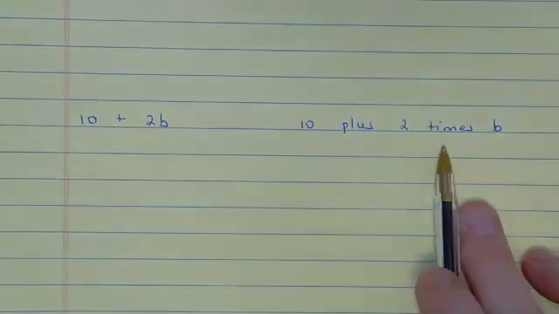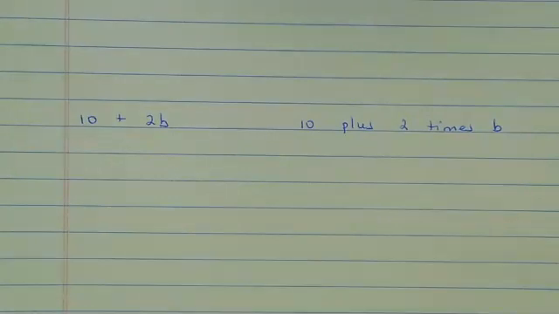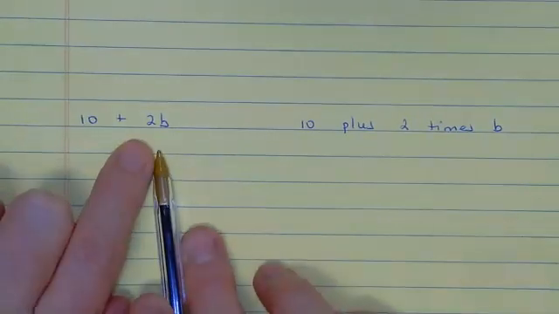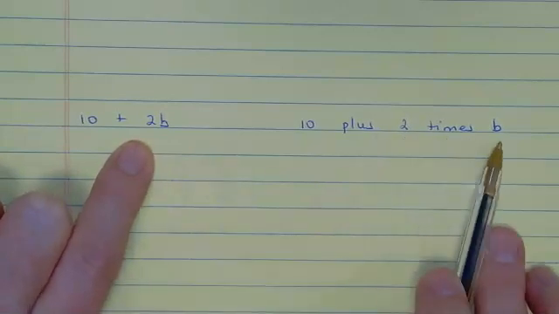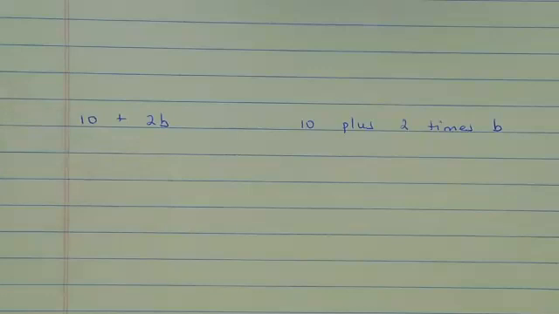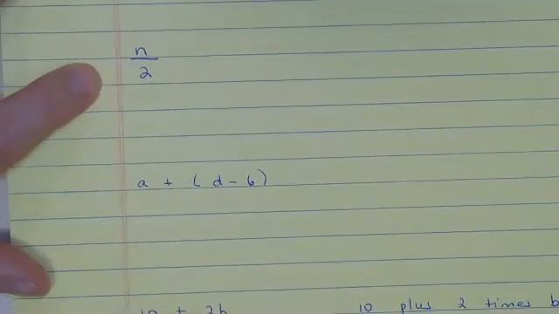Do you have the word times in there? That's why. You wrote 2b. I said multiply by 2 multiplied by b. Read me exactly what it says. 10 plus 2 multiplied by b. Okay, I'll fix that one. That's correct.